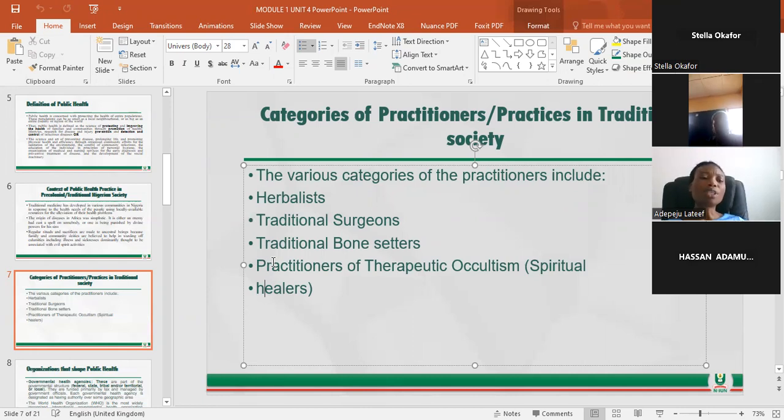And we also have the traditional people who use incantations.